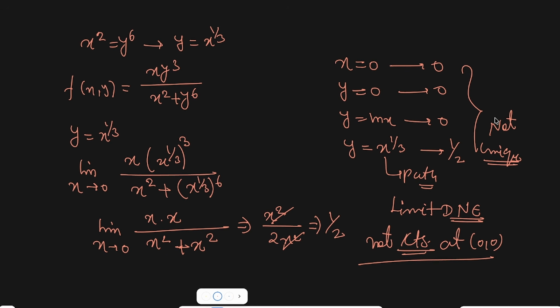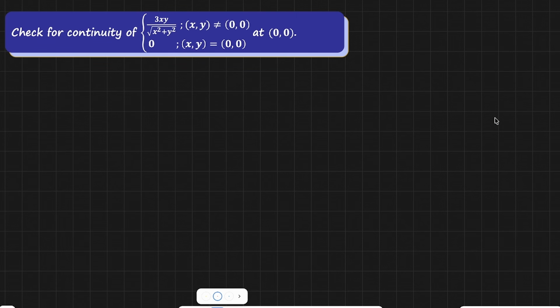Next, come to the question, I think this is question number 3, for the continuity. How to check the continuity? I am giving you each and every case, so I'll discuss this question now. Again, start with point number 1. What is the value at 0 comma 0, the point at which we are finding the value of the function?